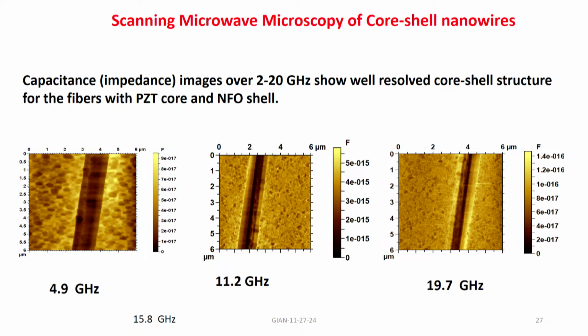These are images at a series of frequencies, and you see a very clear image at this particular frequency. That is because there is an impedance match between the microwave cone and the fiber itself. That gives you a very clear image with pretty good resolution, and it shows a uniform core, and the shell thickness is also pretty uniform.